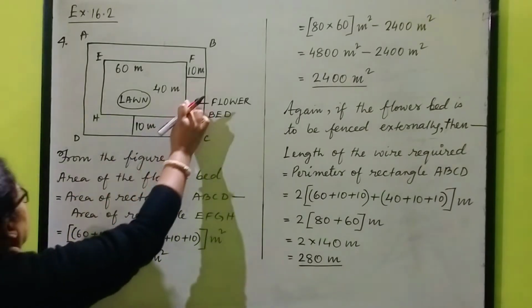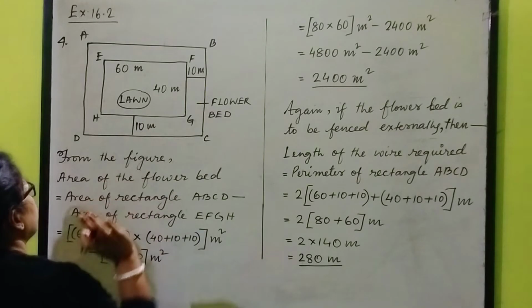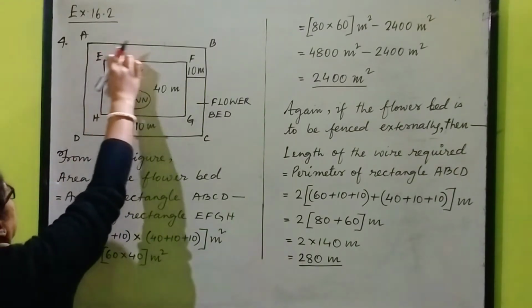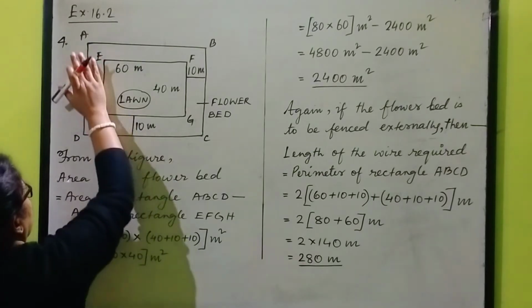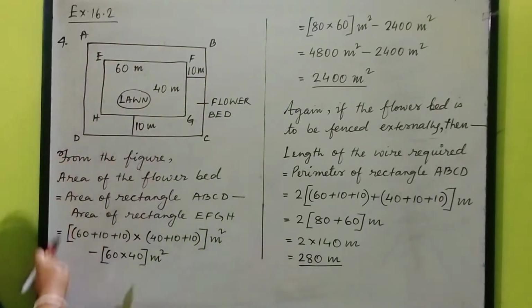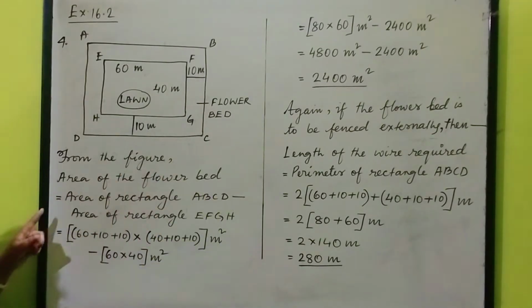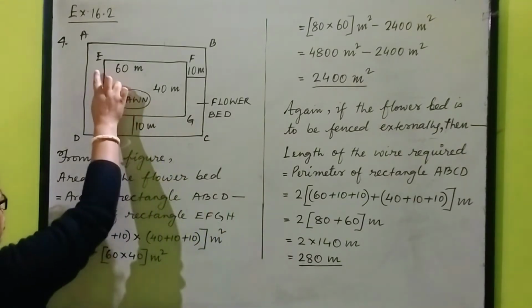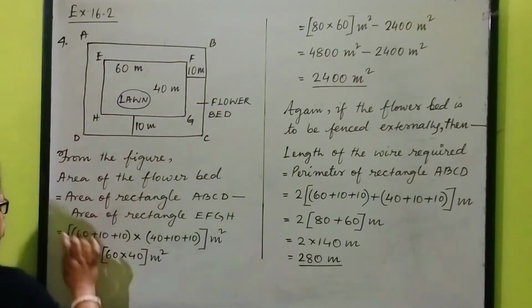First of all, you have to find out this area. So what do we do? Same thing from the figure. Area of the flower bed will be what? Area of the big rectangle minus area of the smaller rectangle. Obviously, so area of the flower bed equals area of rectangle ABCD minus area of rectangle EFGH.